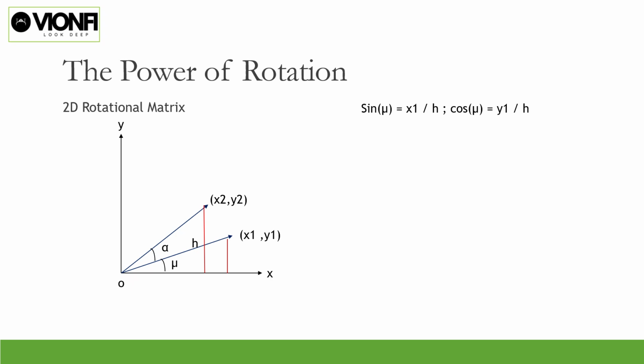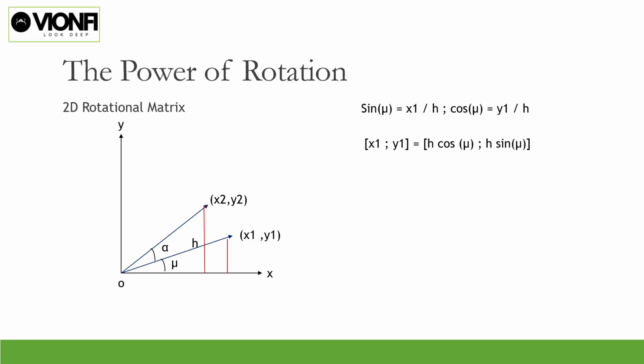So, for example, for the first point x1 and y1, we compute sine mu equal to x1 by h and cos mu equal to y1 by h. So once you have this, you can transfer the h to the other side, and you end up getting x1 equal to h sine mu and y1 equal to h cos mu.